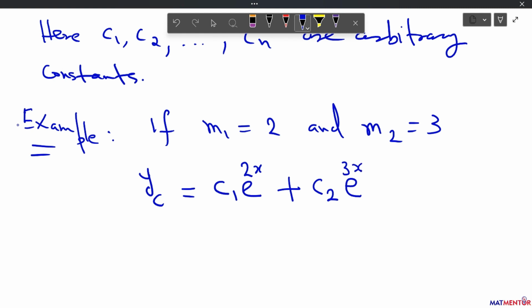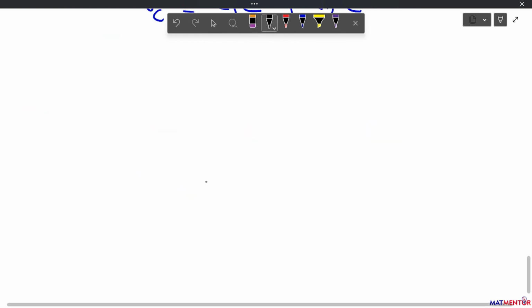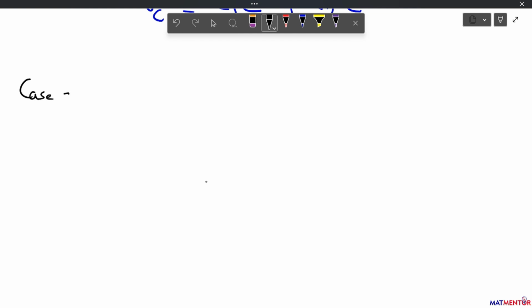Why did I write x? Because this is my independent variable. Because there are only two roots, I will take just two constants. These are basically arbitrary constants.